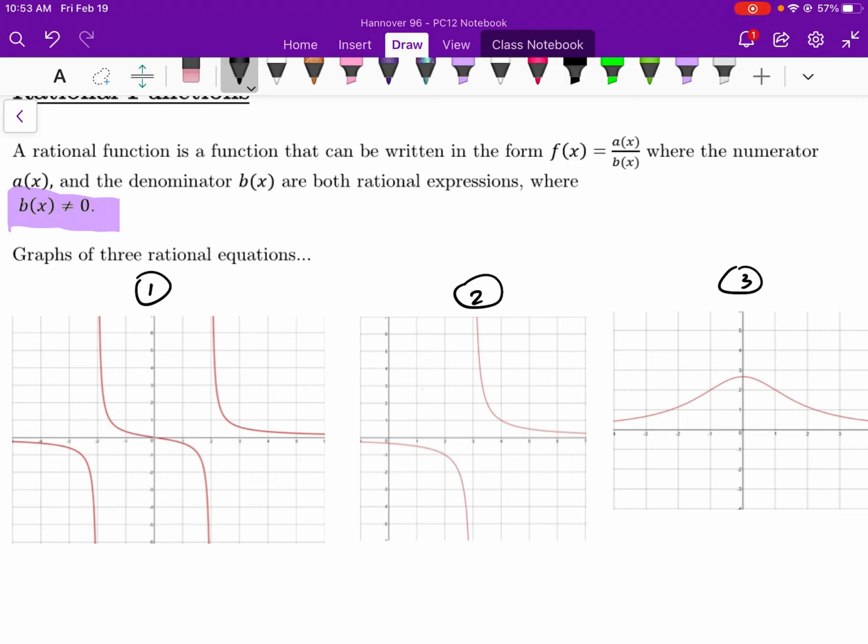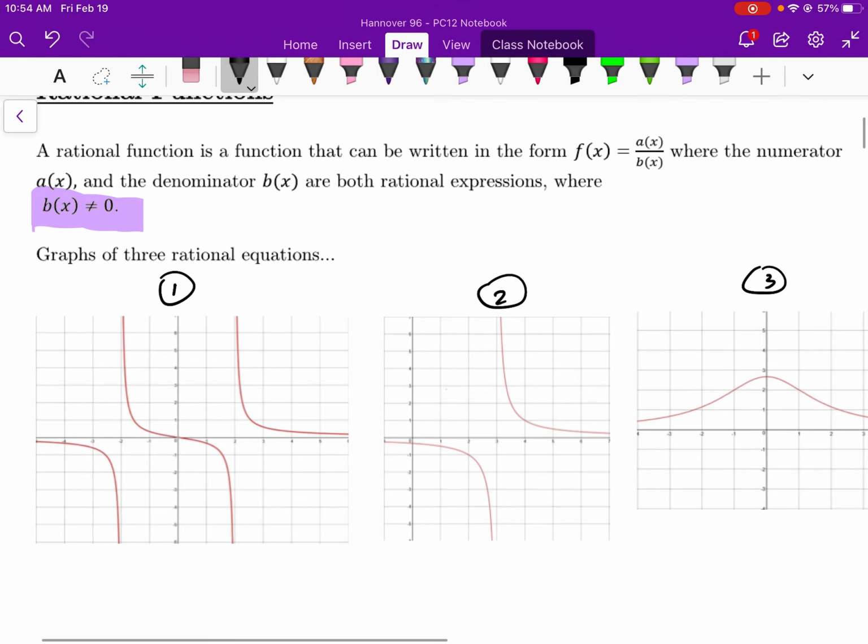What can be expected in rational functions? Well, your graphs will have unusual characteristics to them. And I'm just going to say that sometimes these rational functions have almost guidelines that you can draw to help you graph them.